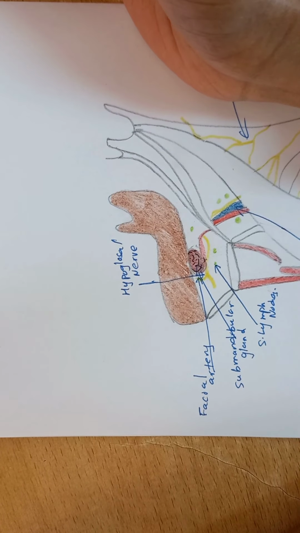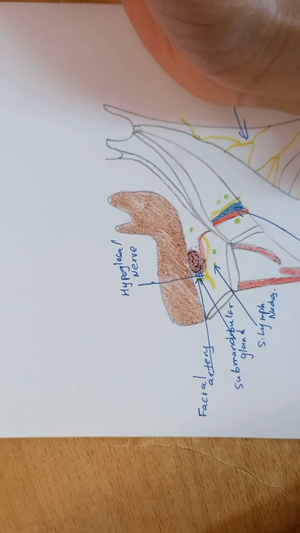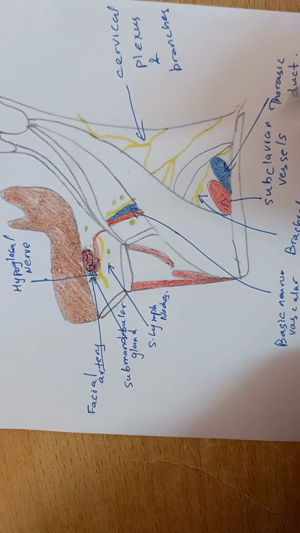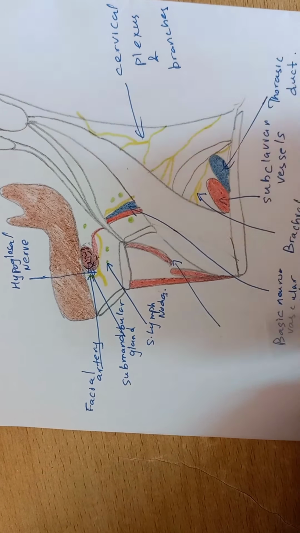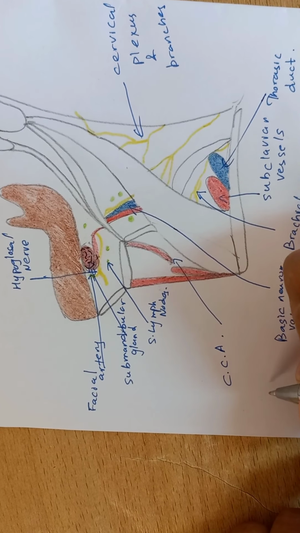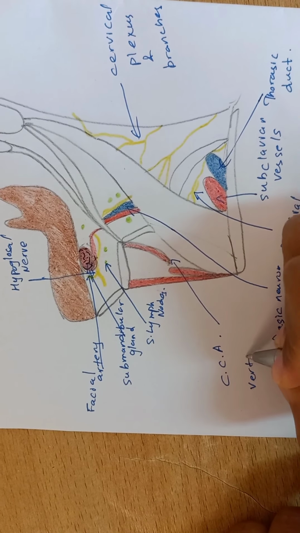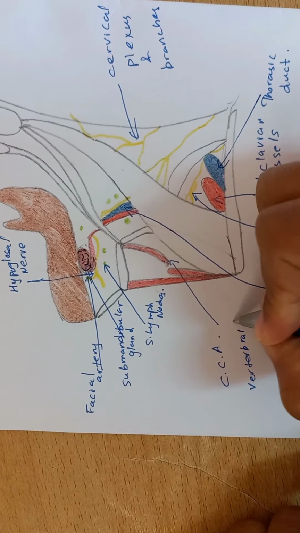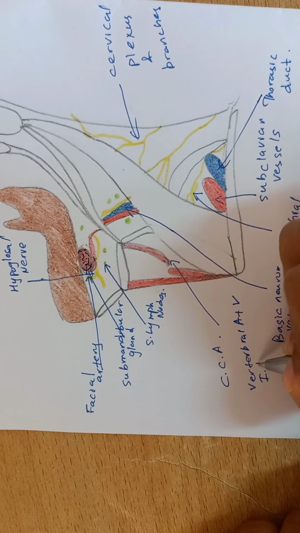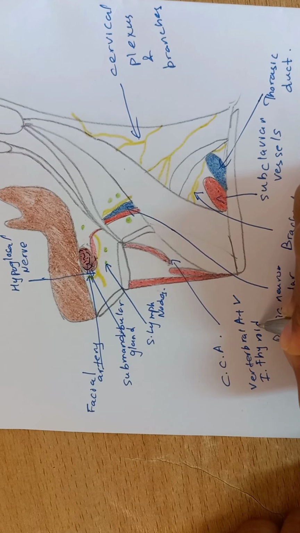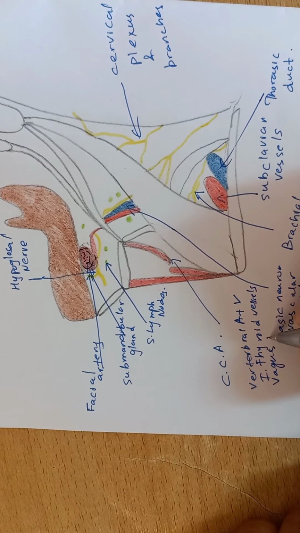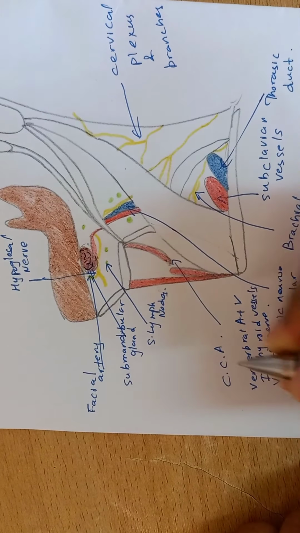Submental triangle contains submental neurovascular fascicle and lymph nodes. In the omotracheal triangle, it contains common carotid artery, vertebral arteries, arteries and veins, and the inferior thyroid vessels, vagus nerve, and cervical ansa.